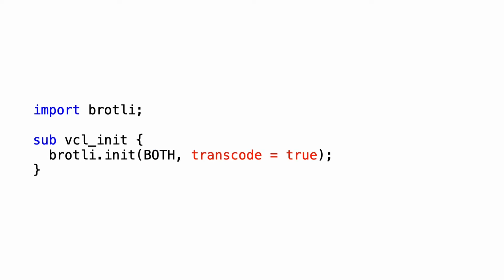The second argument enables or disables transcoding. By default, the transcoding argument is set to false. By setting it to true, you're basically making sure that if an origin server sends gzip content, it will be transcoded on the fly to Brotli for clients that support Brotli. And the other way around. If Brotli content is received and stored in cache, it can still be transcoded into gzip for clients that only support gzip compression.